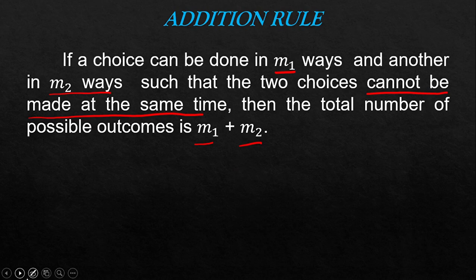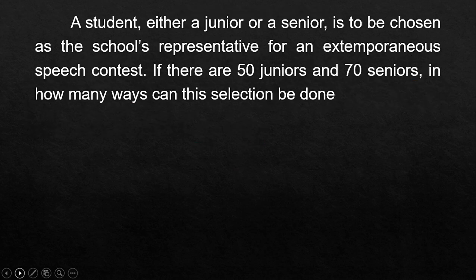Like for example here. A student, either a junior or a senior, is to be chosen as the school's representative for an extemporaneous speech contest. If there are 50 juniors and 70 seniors, in how many ways can this selection be done?